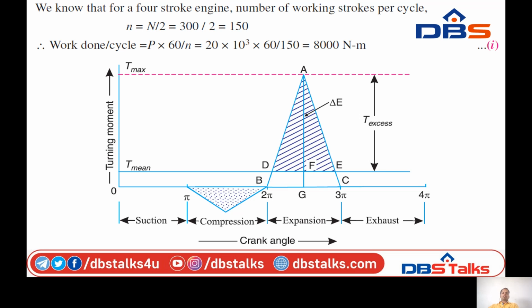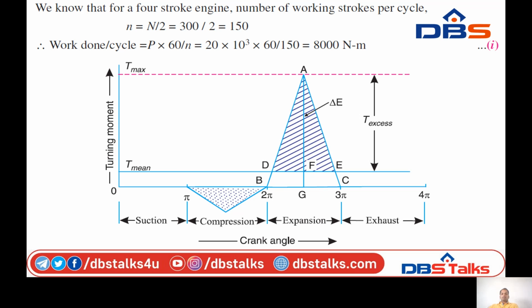P into 60 by n, where P is 20 into 10 to the power of 3, the power, and the number of working strokes is 150. So finally we get 8000 Newton meter. So this is the work done.